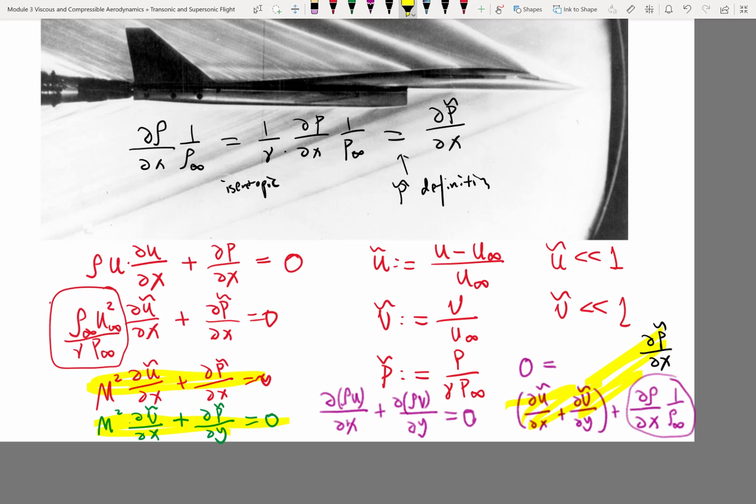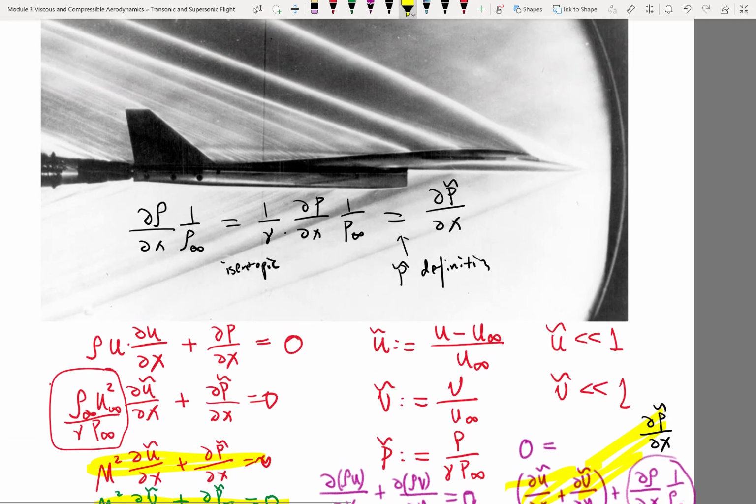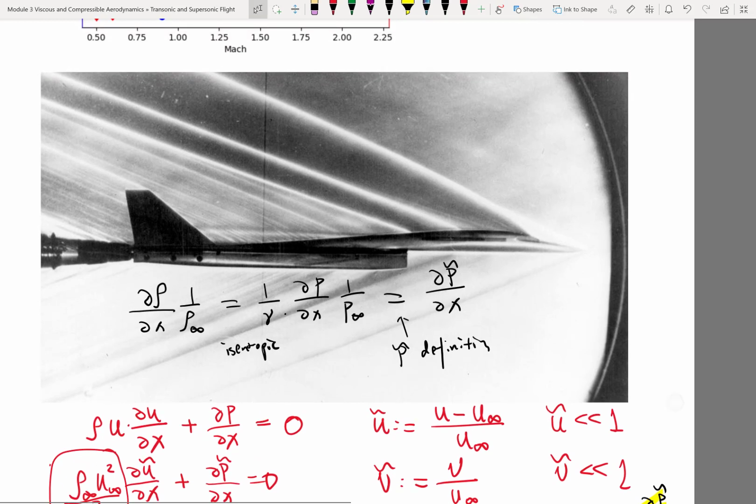So here, when m squared is less than 1, subsonic, we have elliptic partial differential equations.